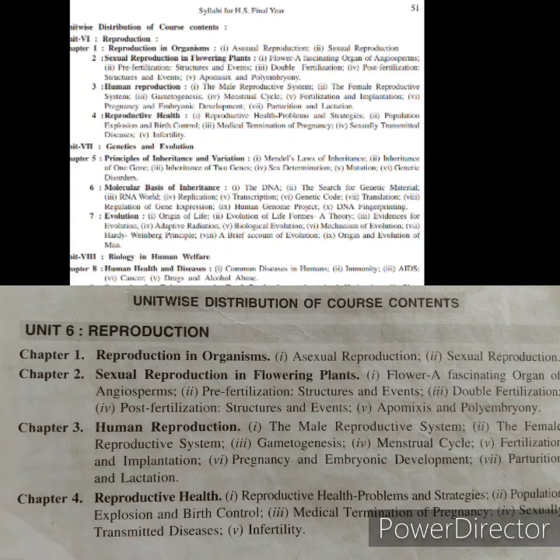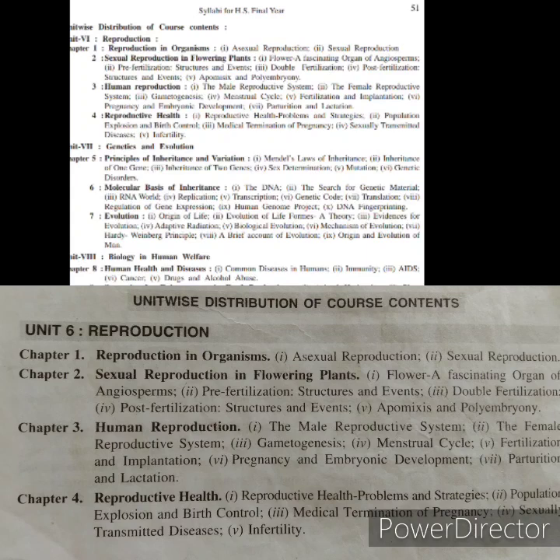There are also several events in the process of sexual reproduction, such as sporogenesis, gametogenesis, pollination, fertilization, embryogenesis, seed and fruit development, etc. Sporogenesis is again divided into microsporogenesis and megasporogenesis. Then gametogenesis is divided into development of the male gametophyte and female gametophyte.